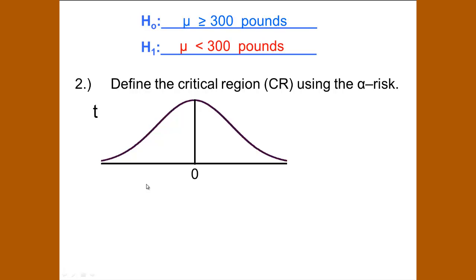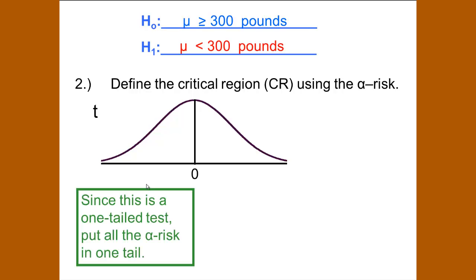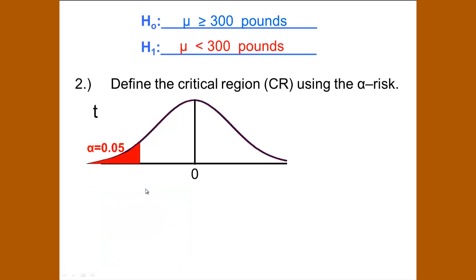And since H1 tells us that we're interested in proving that the mean is less than 300 pounds, we will place and shade that to the left. Since this is a one-tailed test, we'll put all of the alpha risk in one tail. Less than shades to the left, so that means the tail is to the left. We're using a 0.05 level of significance, so that tells us that our alpha is 0.05.